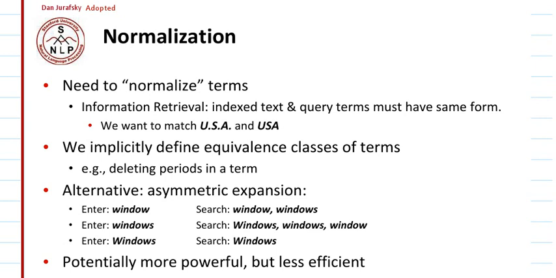Similarly, the capitalization here. If I give the input term as window with a small w, it could match window or windows, right? So for this one the search may give this one, the search may give that one, but these are quite different.